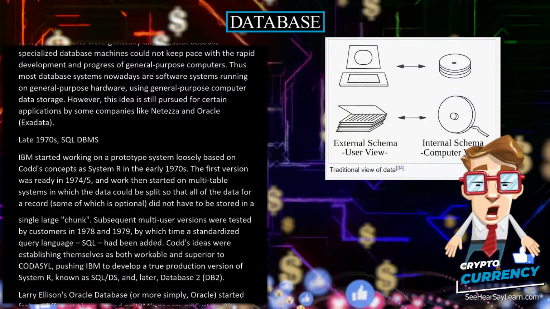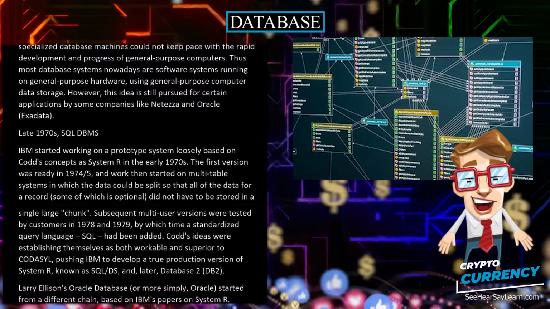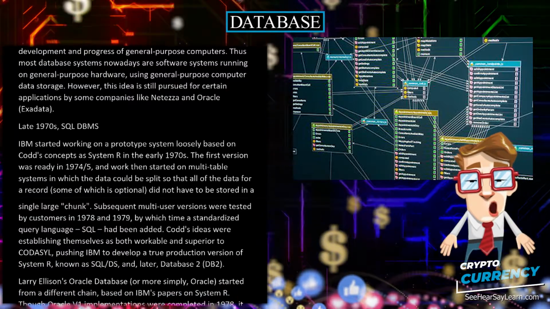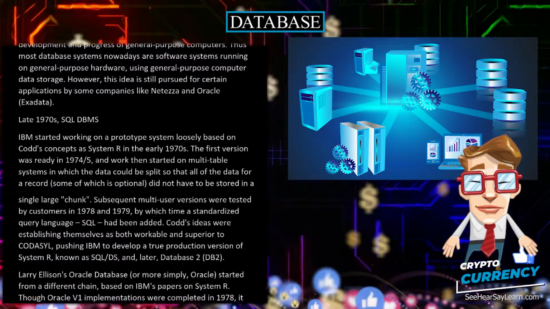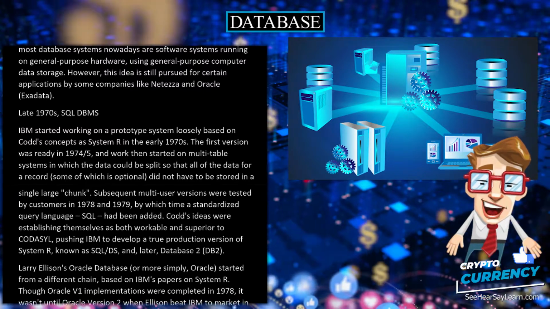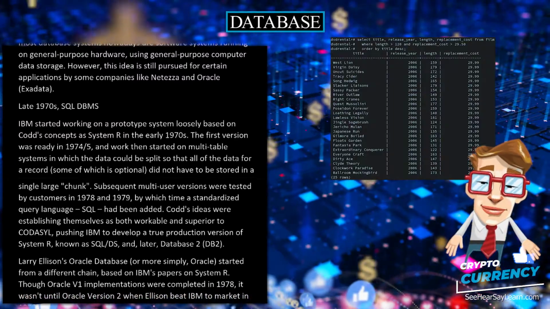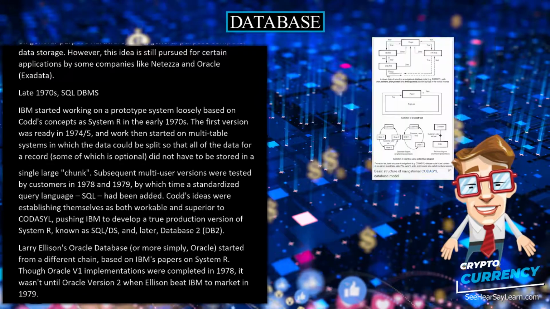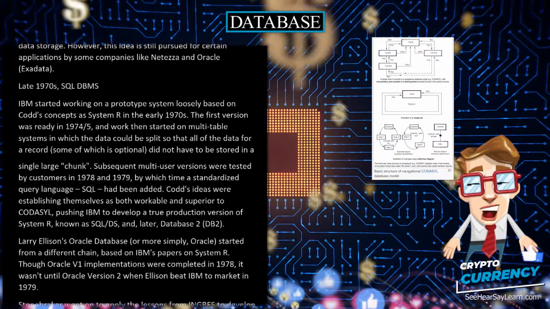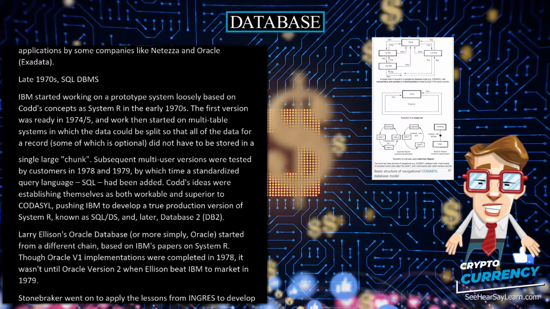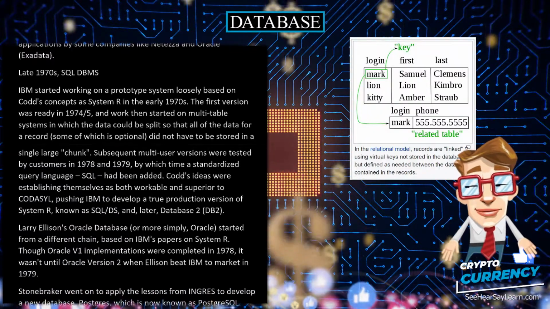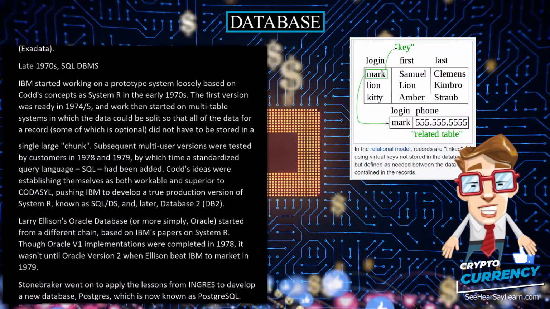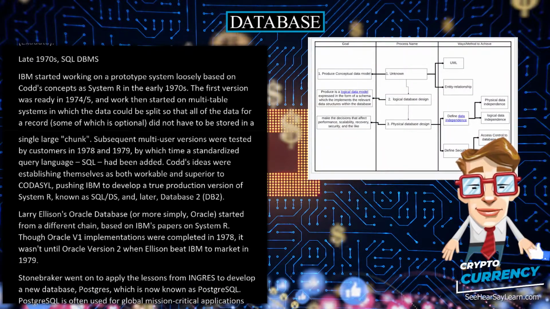Late 1970s, SQL DBMS. IBM started working on a prototype system loosely based on Codd's concepts as System R in the early 1970s. The first version was ready in 1974/5, and work then started on multi-table systems in which the data could be split so that all of the data for a record, some of which is optional, did not have to be stored in a single large chunk.